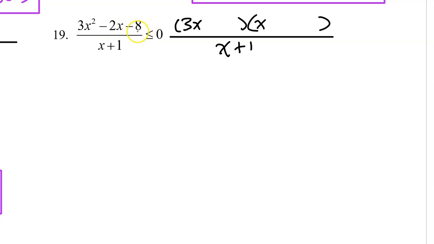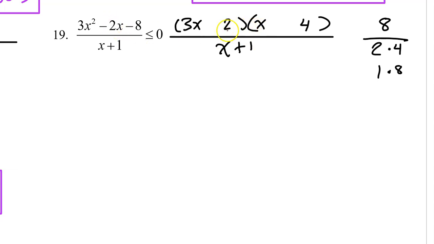Looking at the 8, 8 can either factor as 2 times 4 or 1 times 8. Right now I don't know which one it's going to be. I always start with the numbers that are closer together though. So I'm going to start with 2 times 4. Inner plus outer must equal the middle.